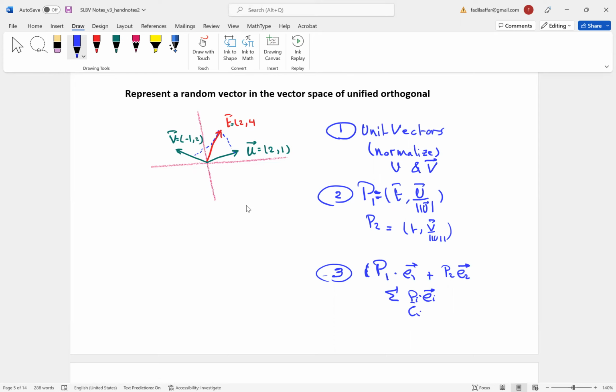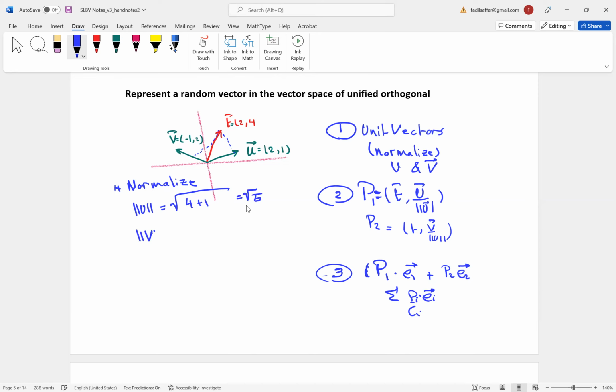We first need to normalize. We have the length of the first vector, which is the square root of the inner product of the vector with itself, which is 4 plus 1, so the square root of 5.